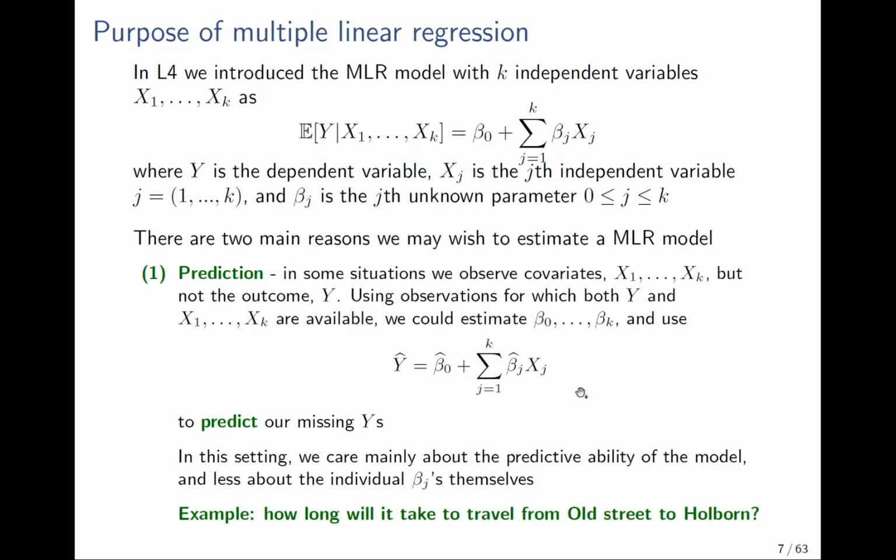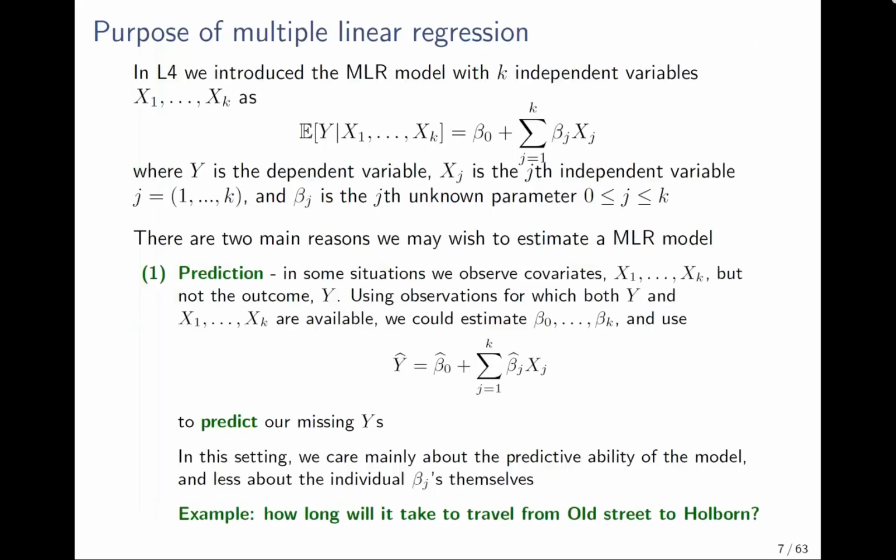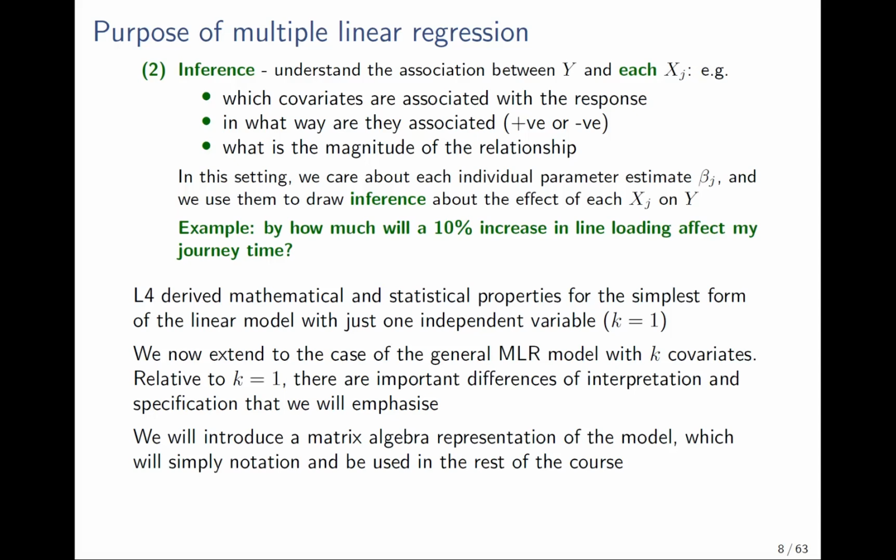We could use a model that has been estimated for other places to predict how long it will take to travel from Old Street to Holborn, as long as we observe the x vector for that trip between Old Street and Holborn. We can predict the y on the basis of the estimated parameters of the multiple linear regression model. Okay, that's the first purpose that we might want to put regression to, and that's prediction.